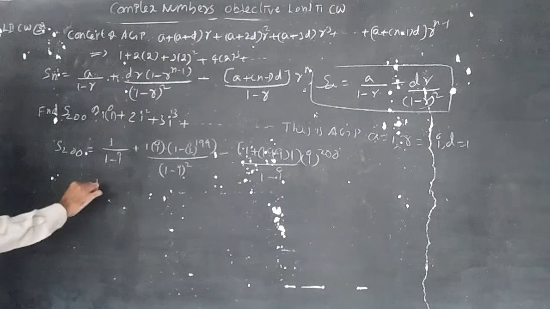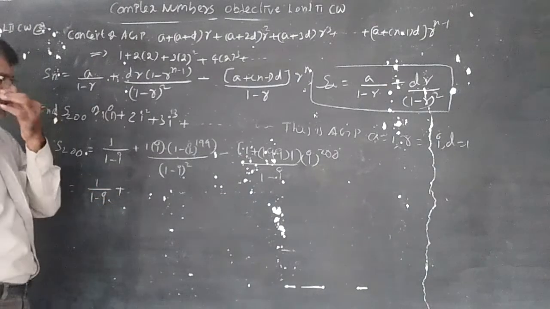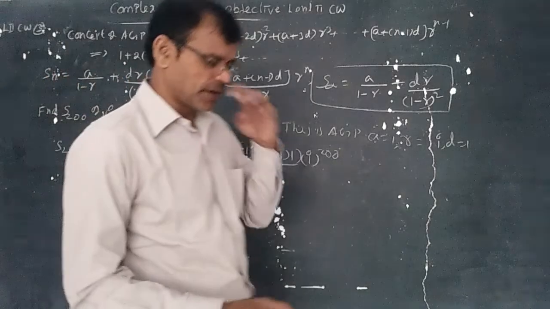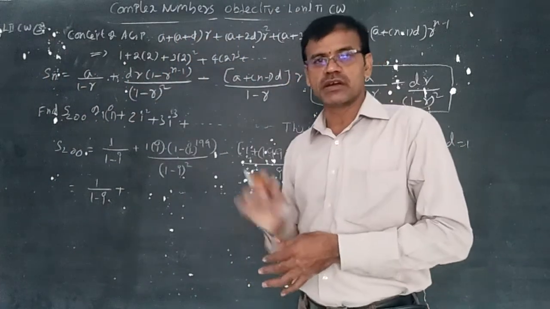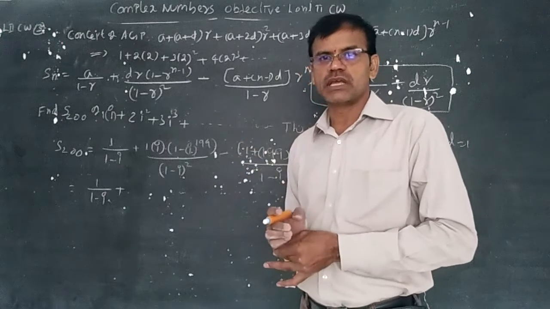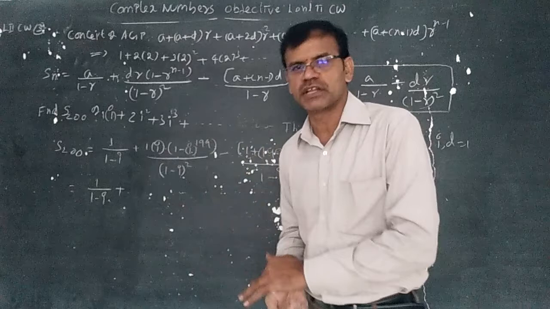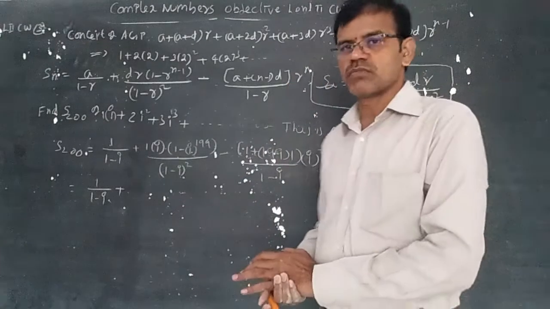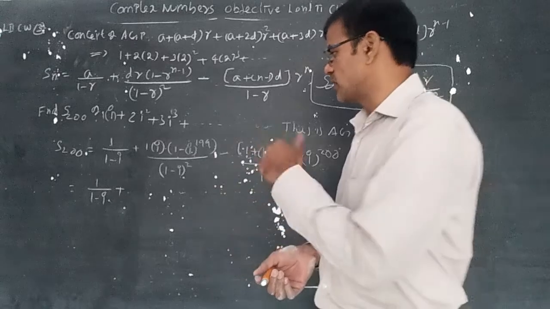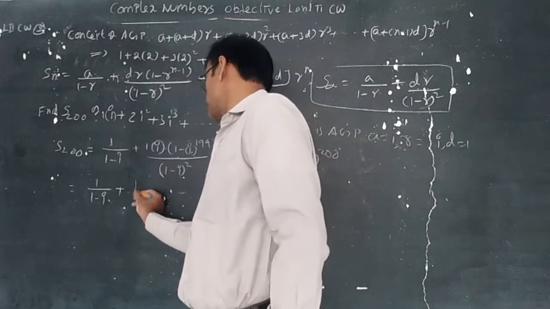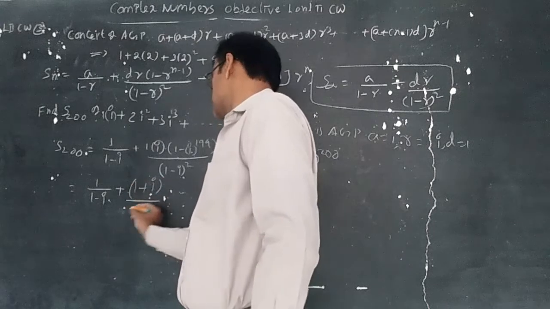That is equal to 1 by 1 minus i plus i into (1 minus i power 199). I power 199 can be understood as i power 198 into i. I power 198 can be understood as (i square) whole power 99. I square becomes minus 1, whole power 99 becomes minus, because it is odd, so it is plus. So 1 plus i by (1 minus i) whole square.